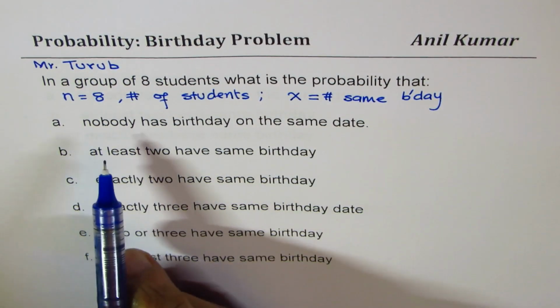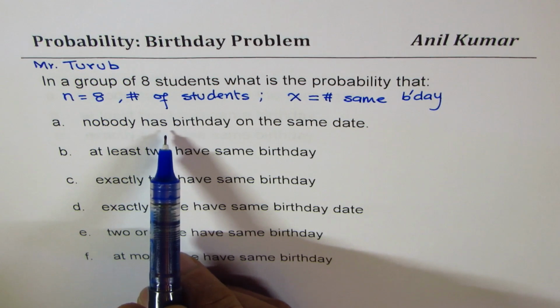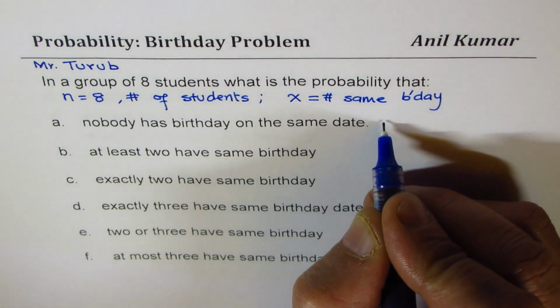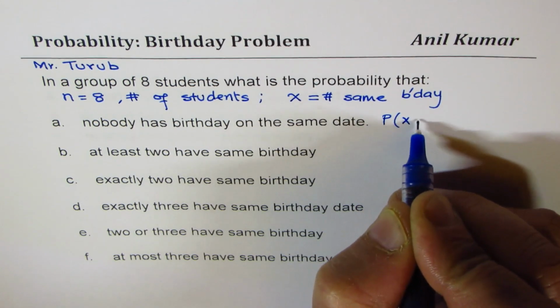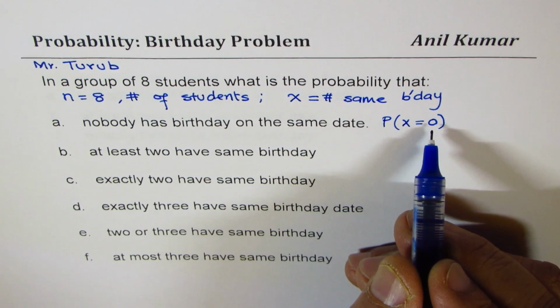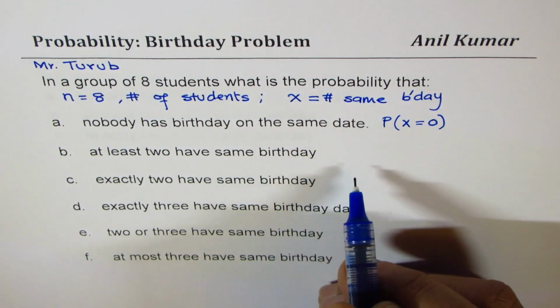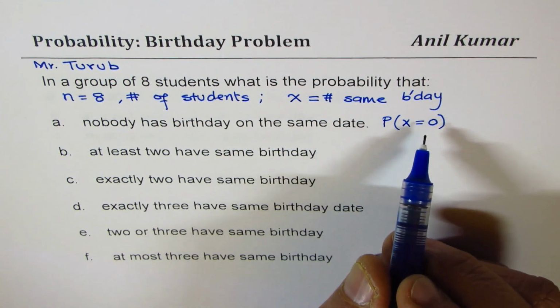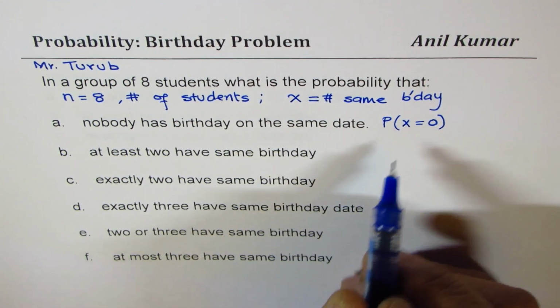Correct? So in the first case, when we say nobody has birthday on the same date, that means we are looking for probability when x is equal to 0, right? x equals 1 is also correct since everyone has unique birthdays, but I won't confuse you by putting 1 here, though you could.